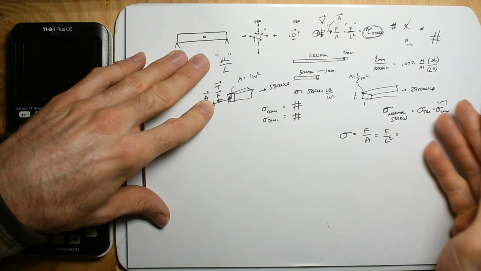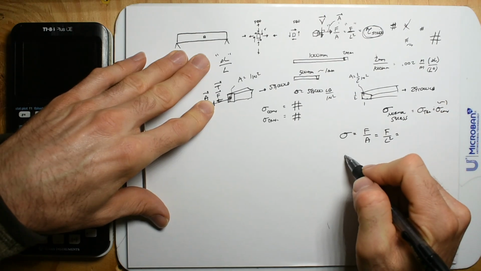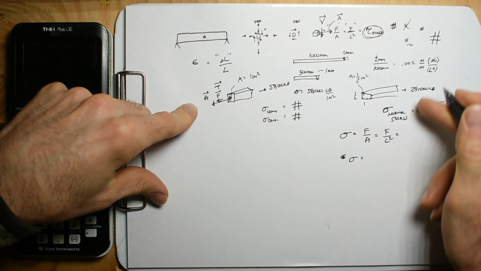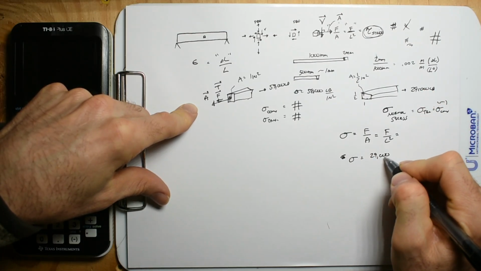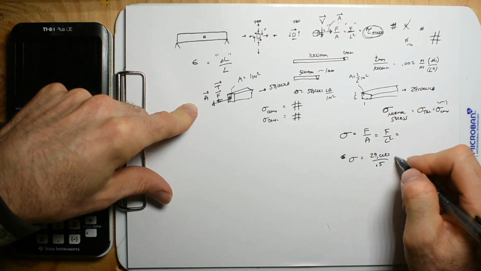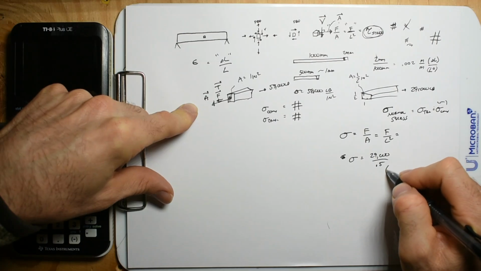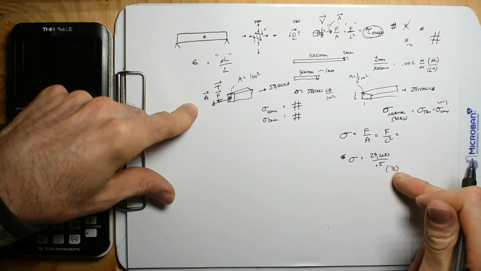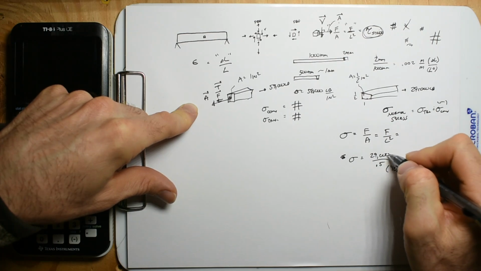We want to know this in both scenarios, and we got a force of 29,000, an area of 0.5. That's the same thing as 1/2. So dividing by a fraction, just multiply by the inverse, and we're multiplying this by 2.